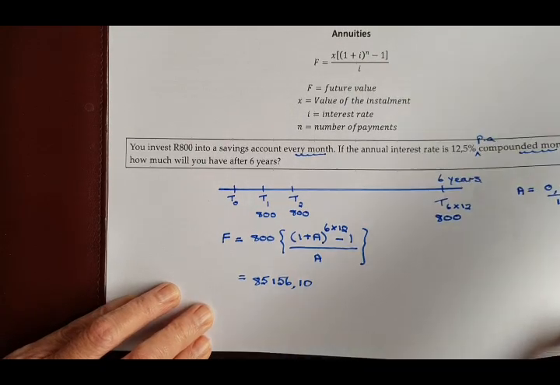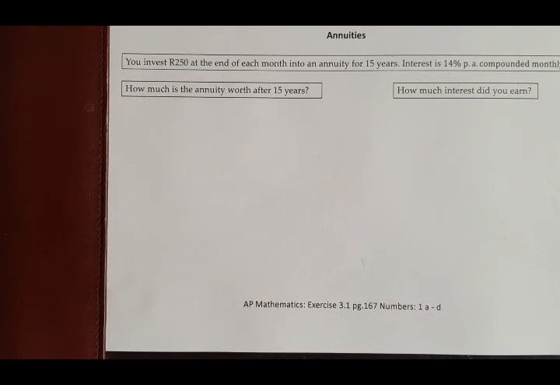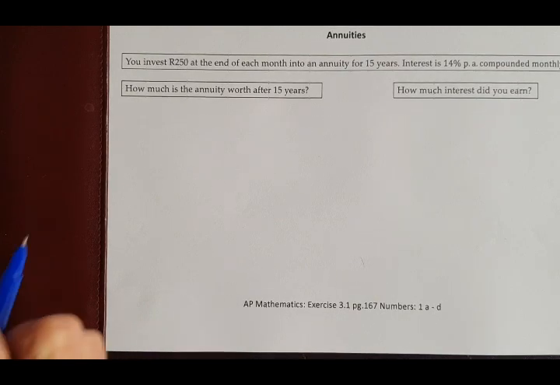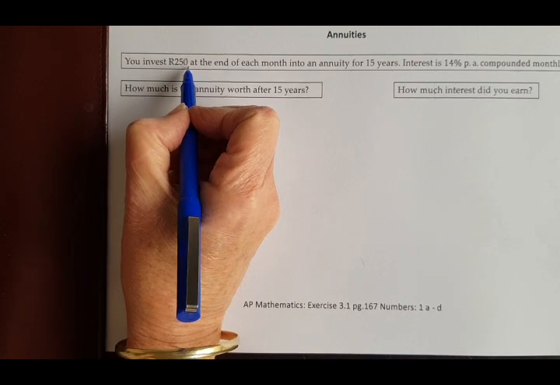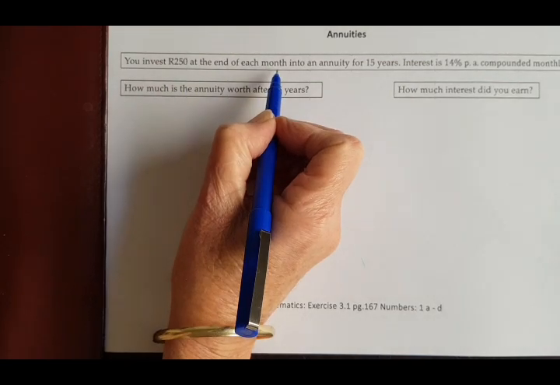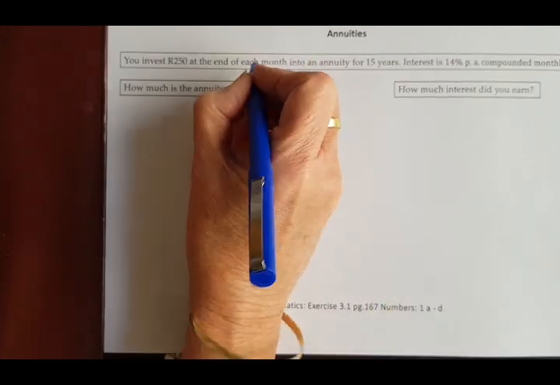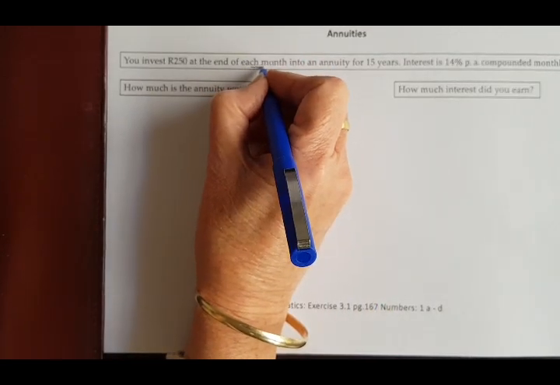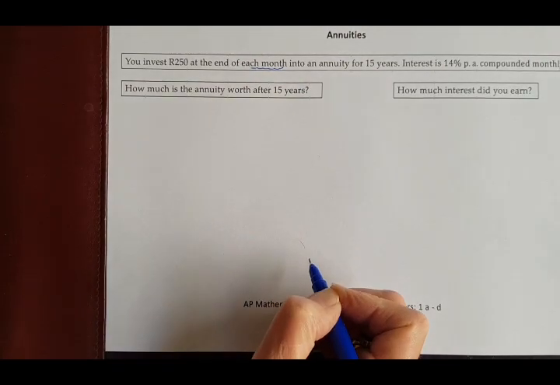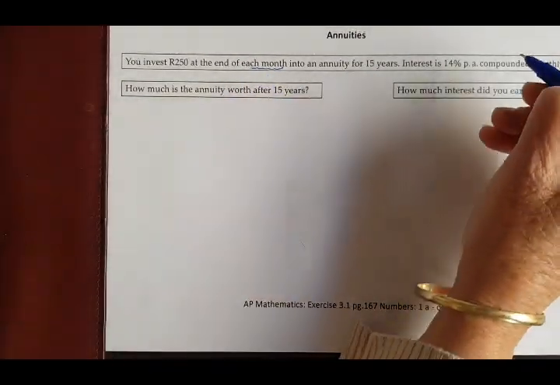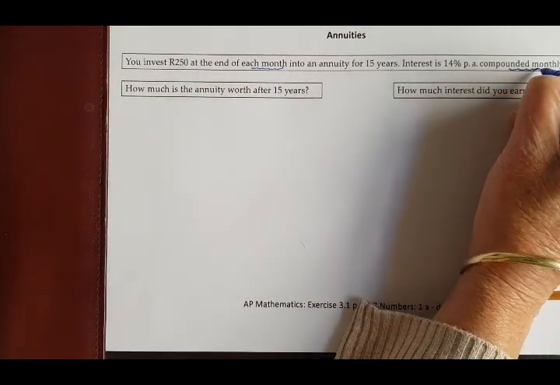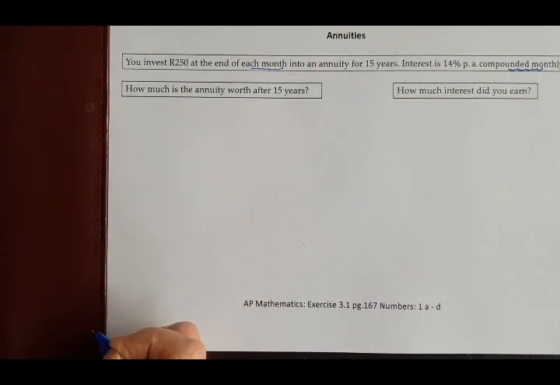Right, the third example I want to do with you. You're investing 250 Rand at the end of each month for a period now of 15 years. Notice again, I have made sure that you're making monthly payments and your interest rate is compounded monthly.